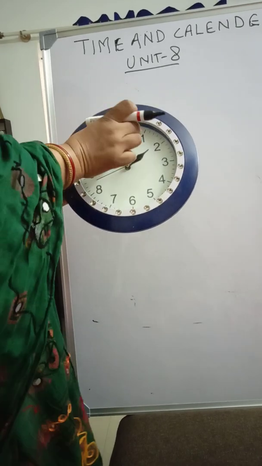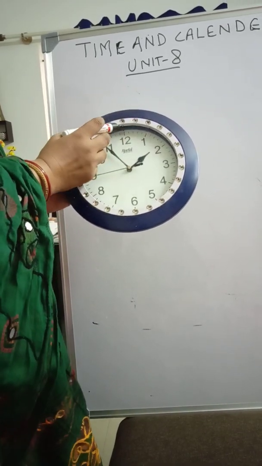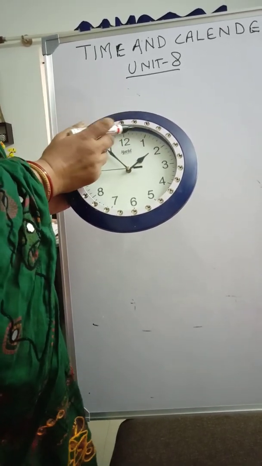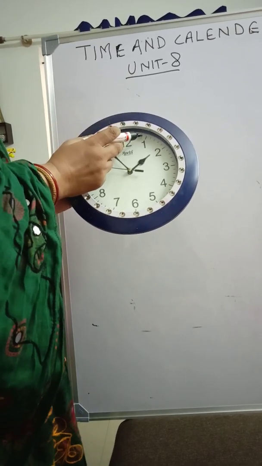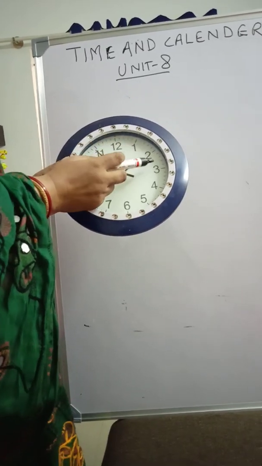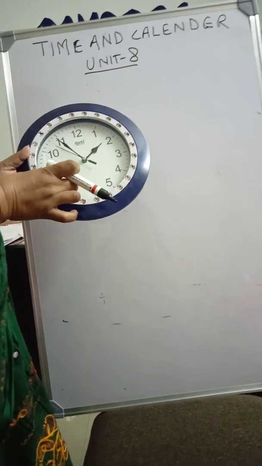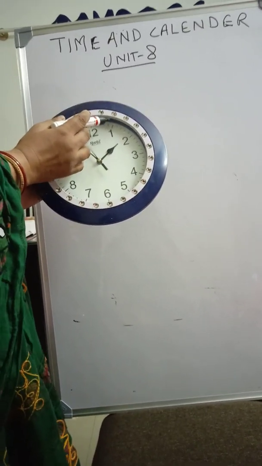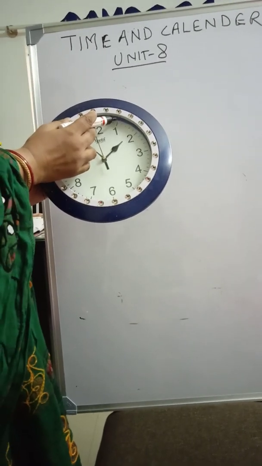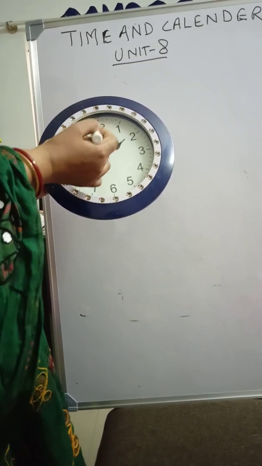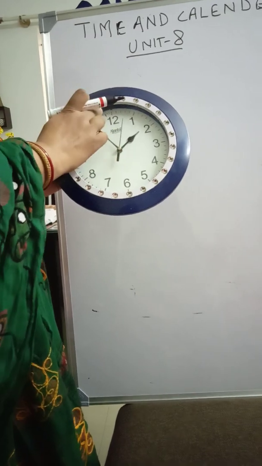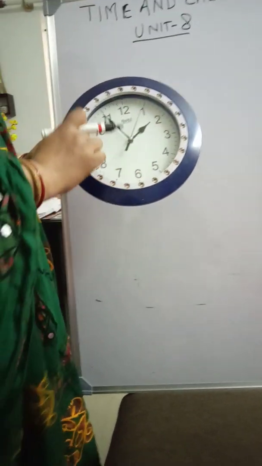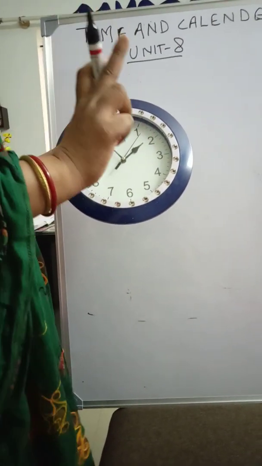Between 12 and 1, it is divided into 5 equal parts. Each part is called a minute. When the minute hand completes one rotation, it becomes an hour.